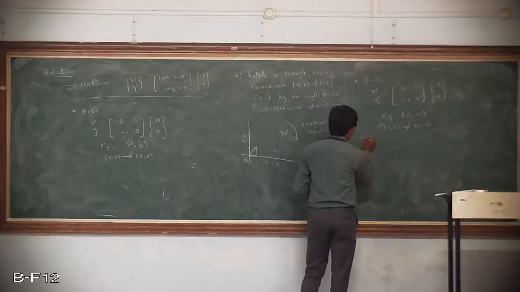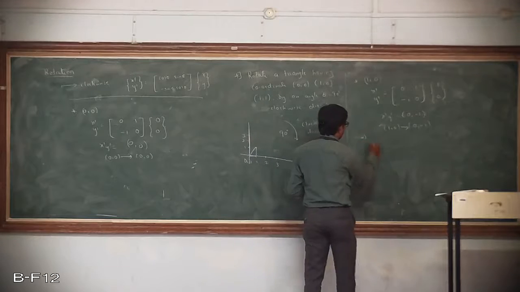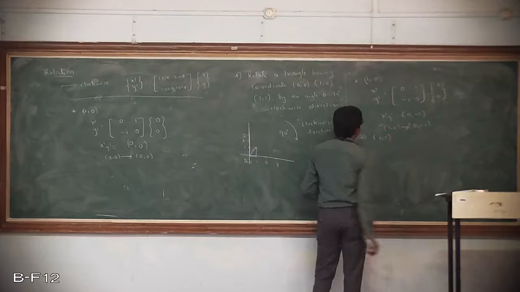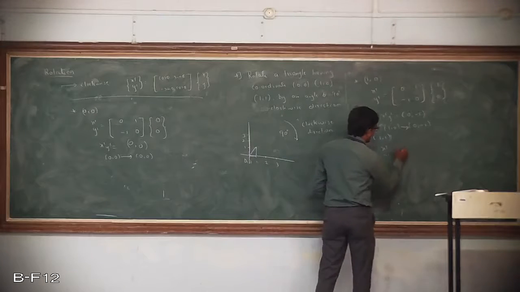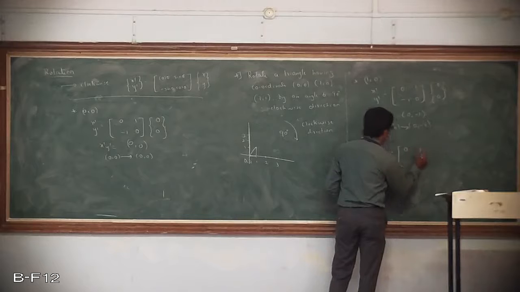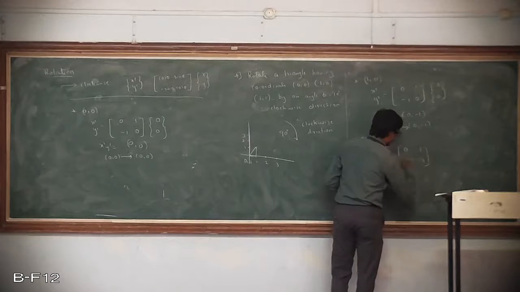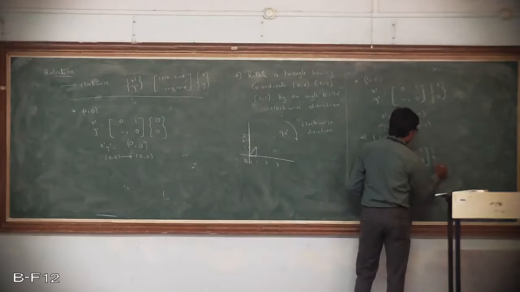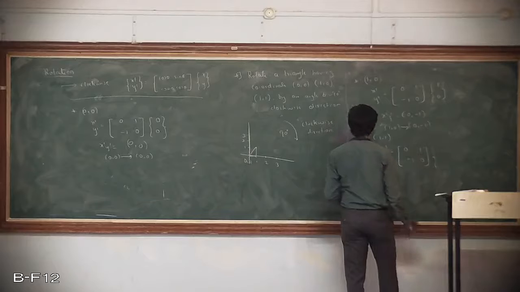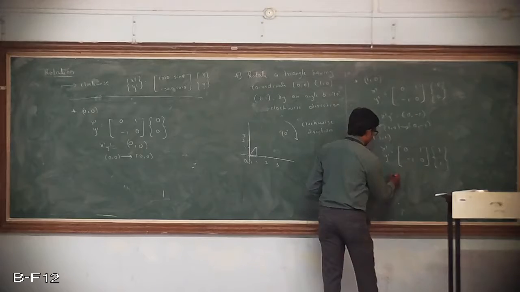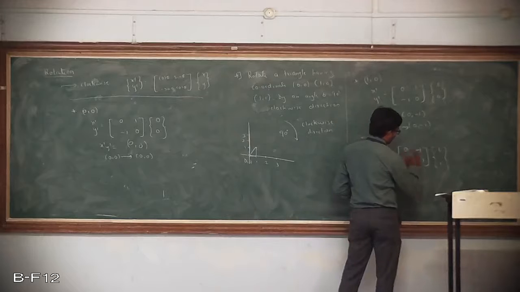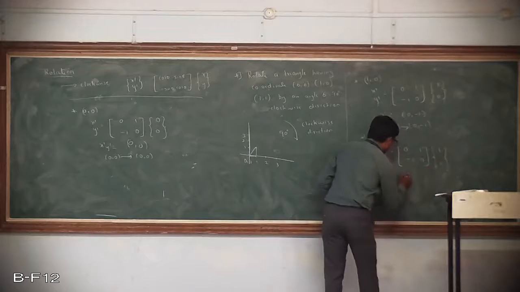So the third will be 1 comma 1. Once again we will go with x dash y dash. Here 0 1 minus 1 0 should be multiplied by 1 and 1. If you do that, what you will get? 0 into 0 is 0, 1 into 1 is 1.